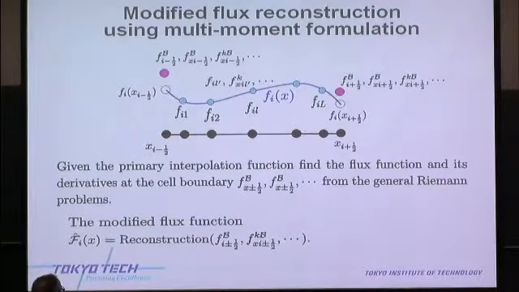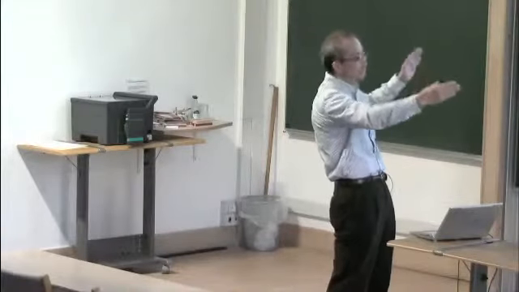And we have some other values, like the value of a primary flux function inside the cell, and in some cases the derivative of this primary interpolation function. And also, if you like, you can increase the constraints at the two ends of a cell boundary. So, as I said, we have more than what we need.